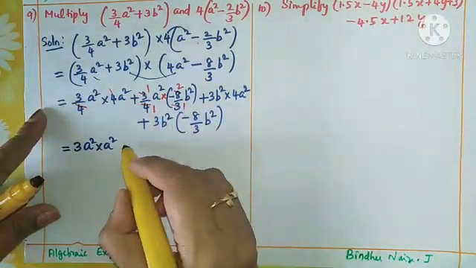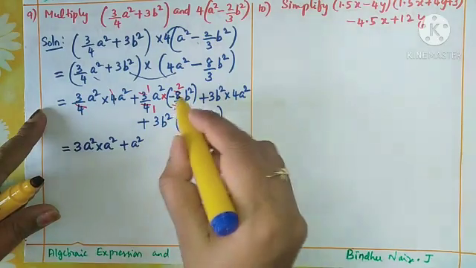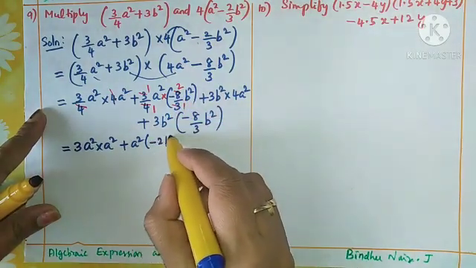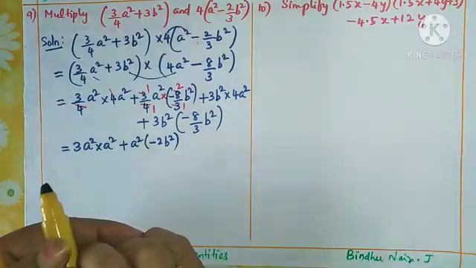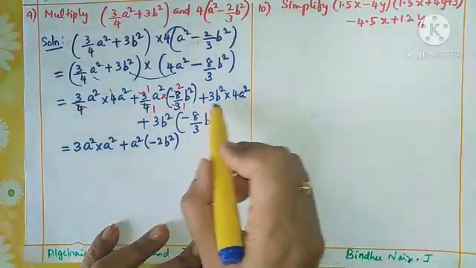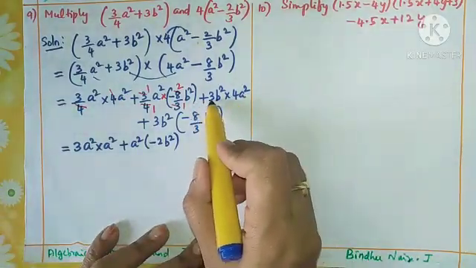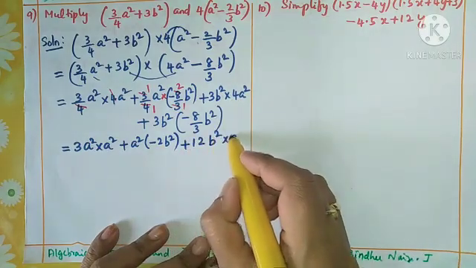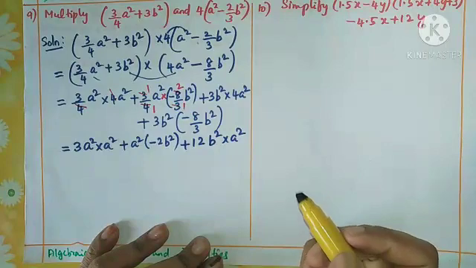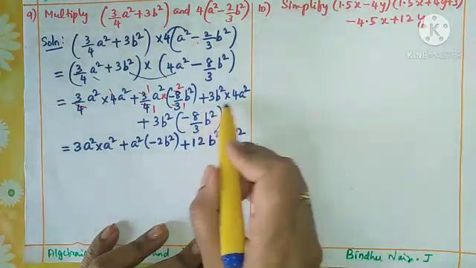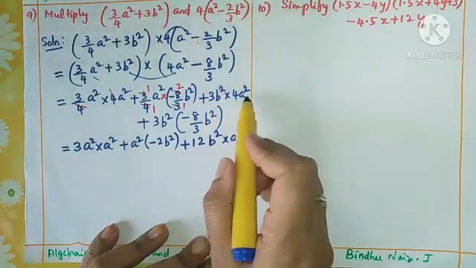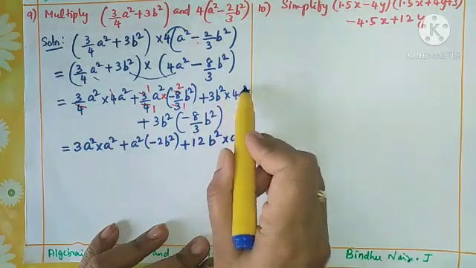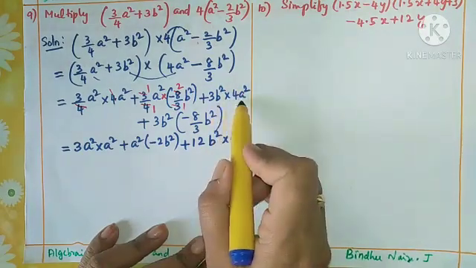Here plus A square, and here inside the bracket one minus is there, minus 2B square. Okay, yes. Now here the thing is multiplication, 3 into 4 12, 1 B square and 1 A square. Okay, when you multiply, you can multiply the coefficients and write the variables as it is. If they are like variables, you can add the powers, but here you see they are different variables.